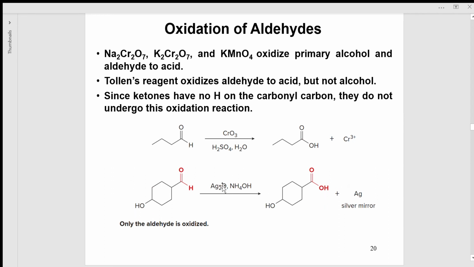We use silver oxide and ammonium hydroxide as the oxidative reagent to oxidize the aldehyde into acid. And metal silver is formed. Silver mirrors, many silver mirrors are made from this reaction.